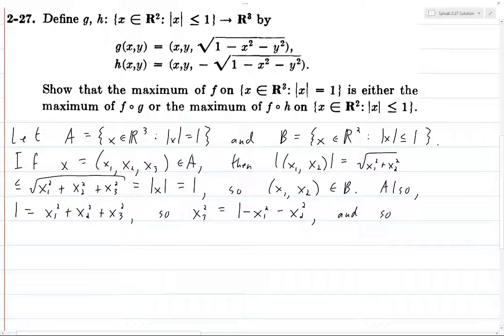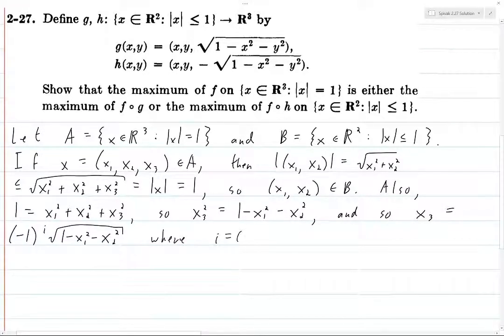And so x3 is equal to negative 1 to the i times the square root of 1 minus x1 squared minus x2 squared, where either i is 0 or i is 1.